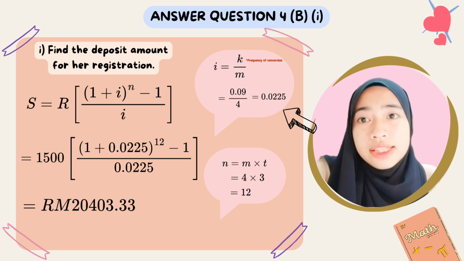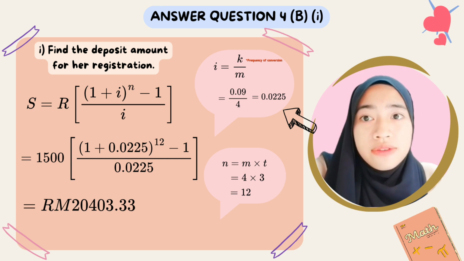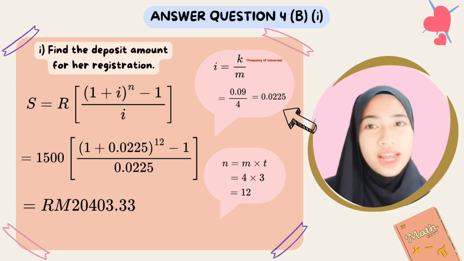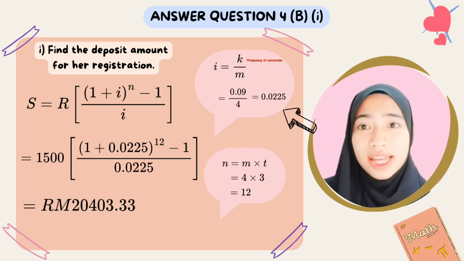How we get the I in this question is 0.09 divided by 4 equals 0.0225.